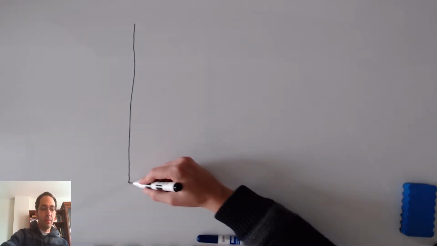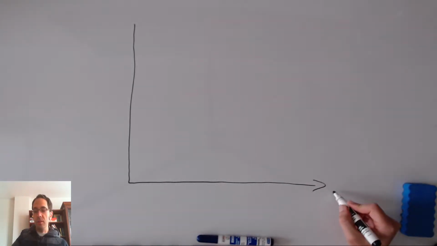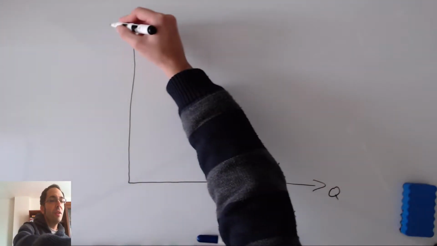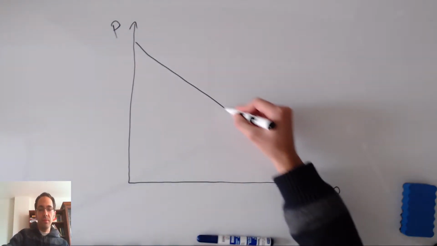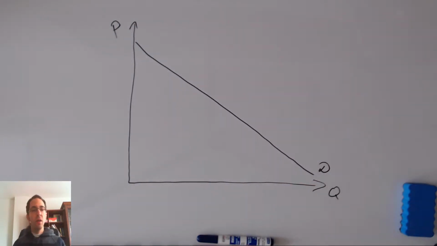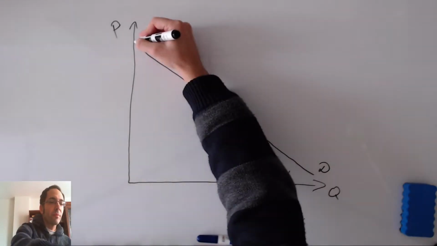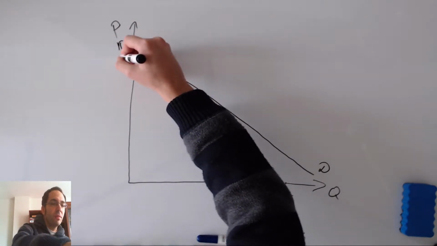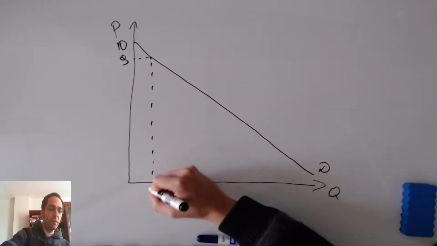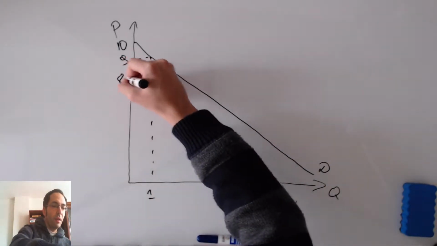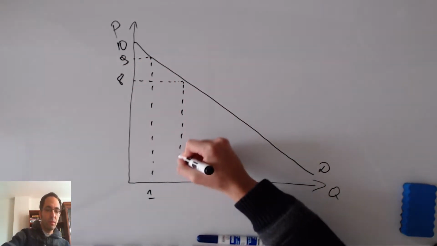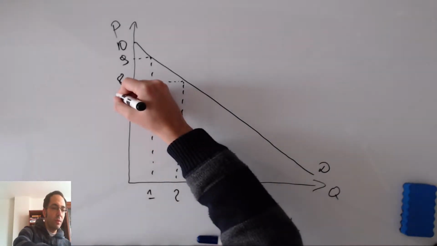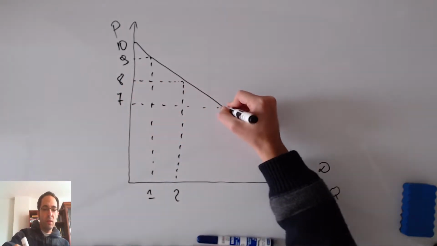We'll do this with a diagram because it will help to understand the concept. So imagine that this is a demand curve for a small market, and let's say we'll add some prices. Let's say this is 10, this would be 9, and over here we'll have 1, 8, 2, 7, and so on.